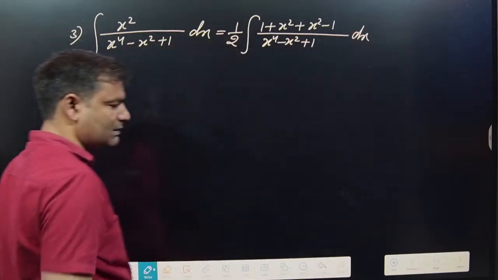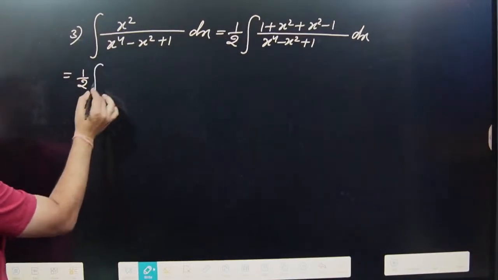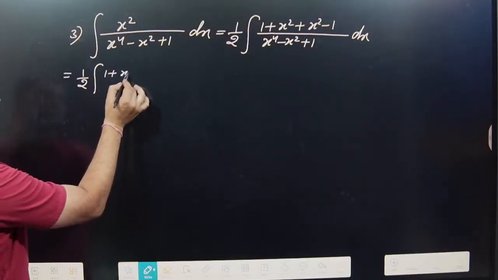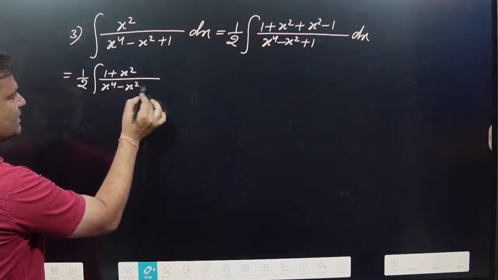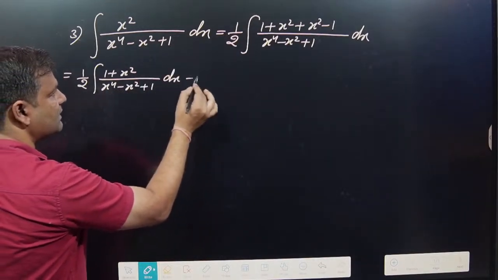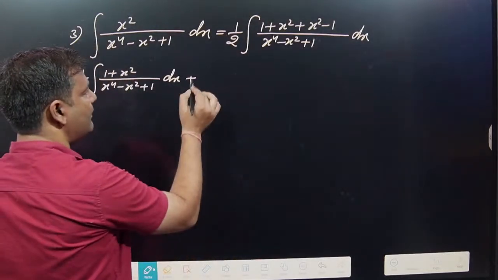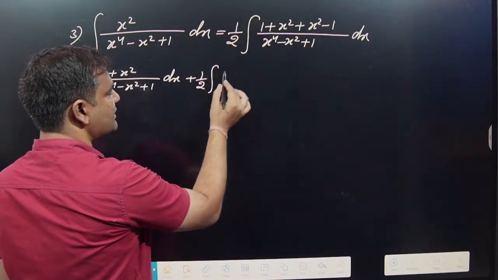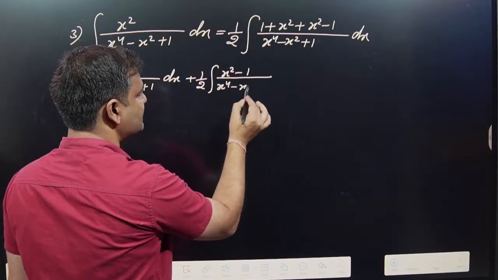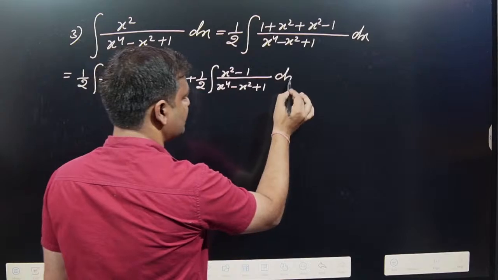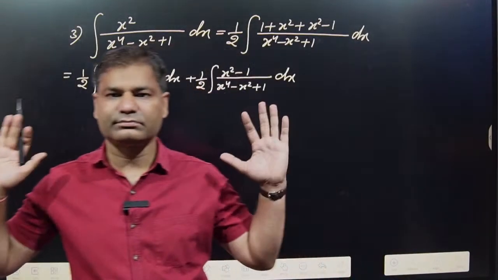I hope it is clear. Look here, 1 by 2 integration of 1 plus x square divided by x to the power 4 minus x square plus 1 into dx, and here 1 by 2 into integration of x square minus 1 upon x to the power 4 minus x square plus 1 into dx. Clear? Very simple.